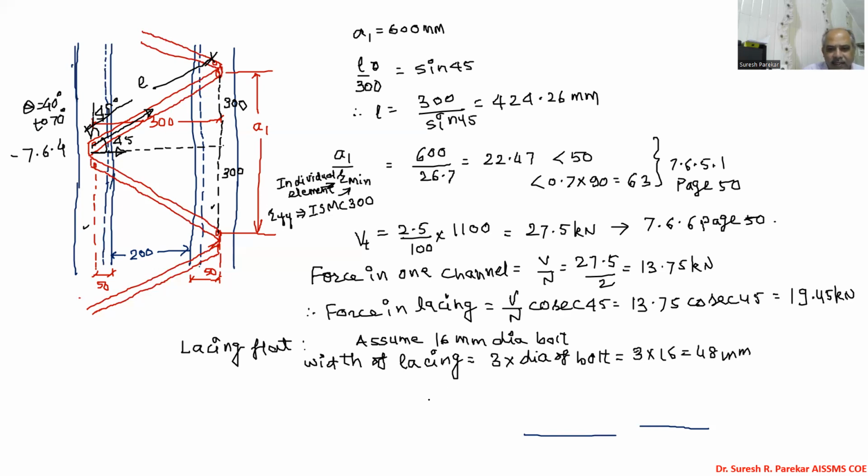Then we have thickness. This clause number you can see, we have 7.6.2, page number same. Then we have thickness of lacing, which is 1 by 40 into length of lacing.